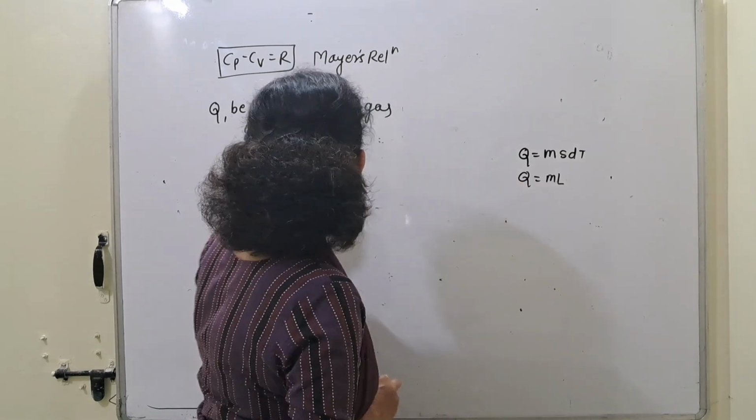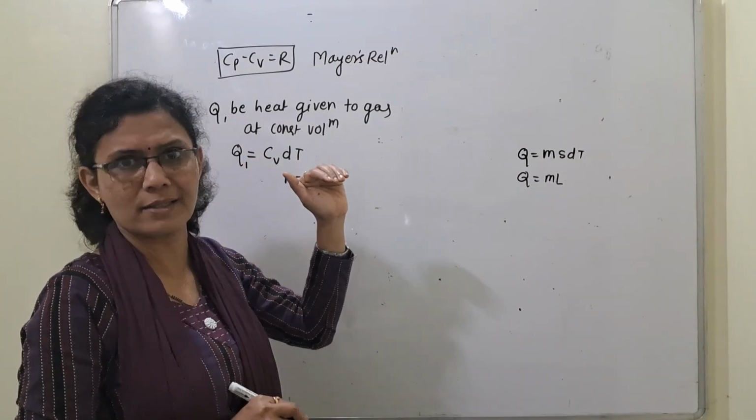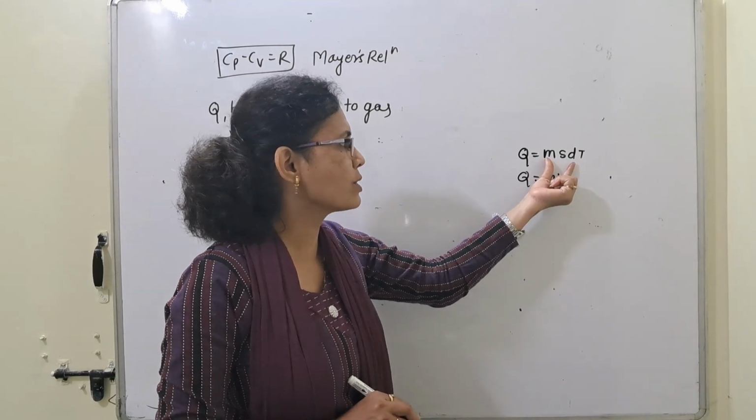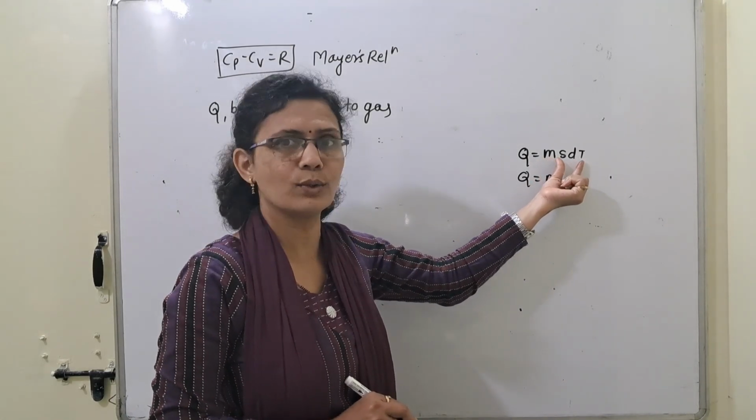Here only the temperature goes on increasing, so that time we have to use the formula Q is equal to m s into delta T.